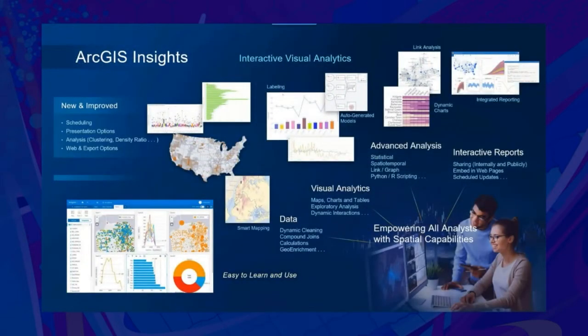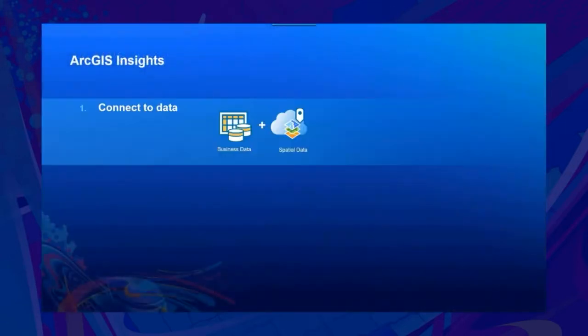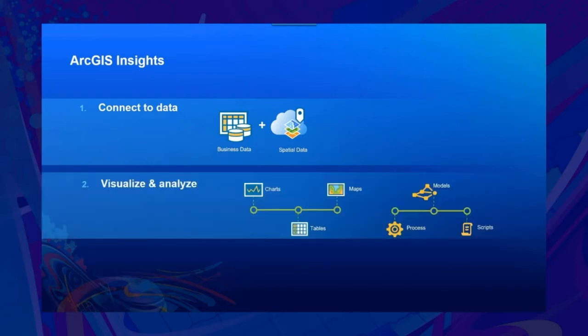So Insights is all about interactive visual analytics: maps, charts, tables, all working together to do not only dashboarding and reporting, but also analytics. It basically boils down to three things. Connect to your data, both spatial and tabular, in the same spot, and then use it.